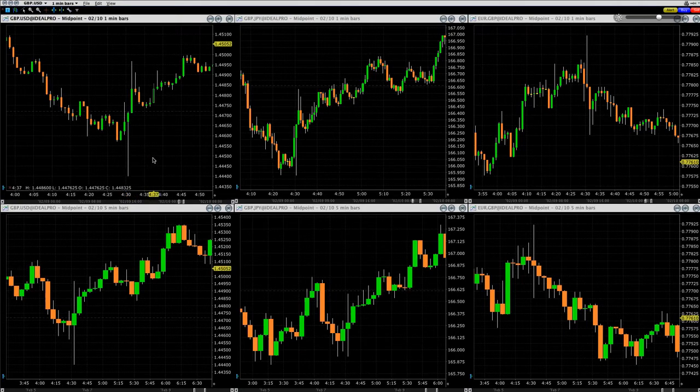You always have to look at what the individual candlestick is telling you. What's the story behind it? The story is that people tried to push the price down, but they failed. They tried to push down, again, the open is at 1.4465, down to 1.4440, right? 25 pips down.